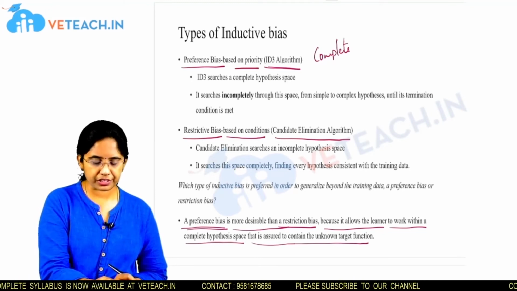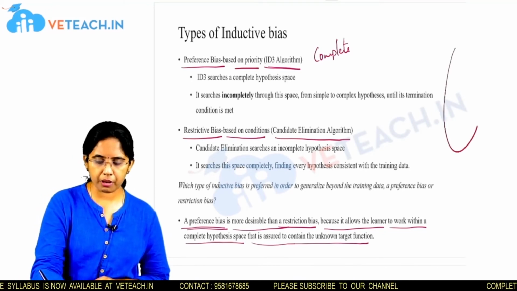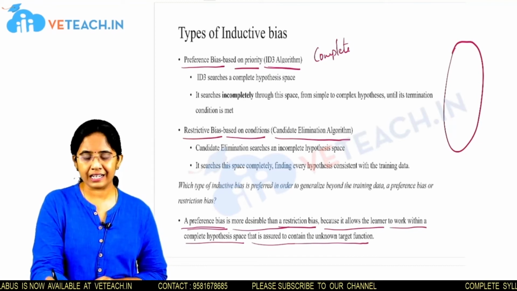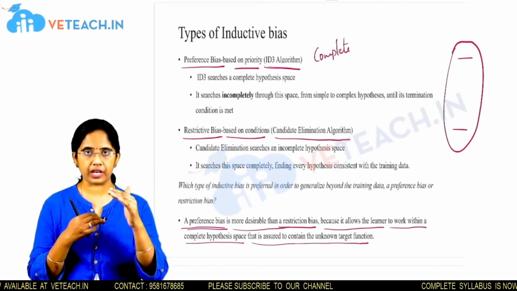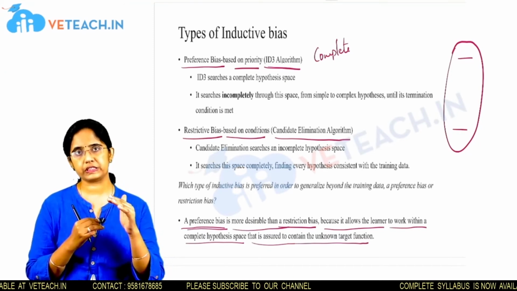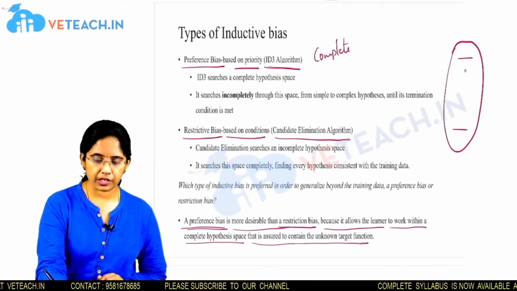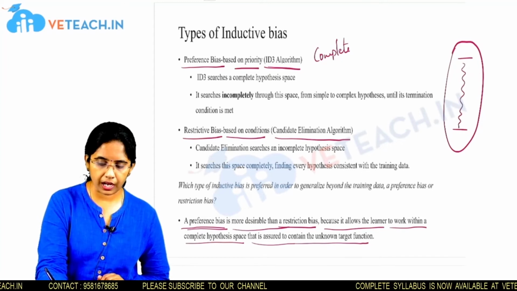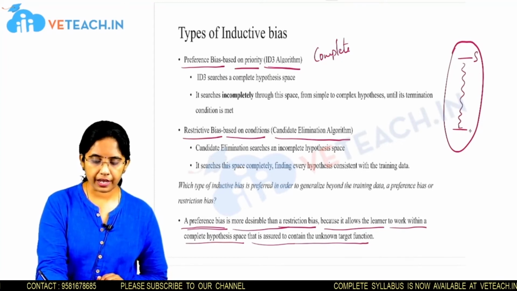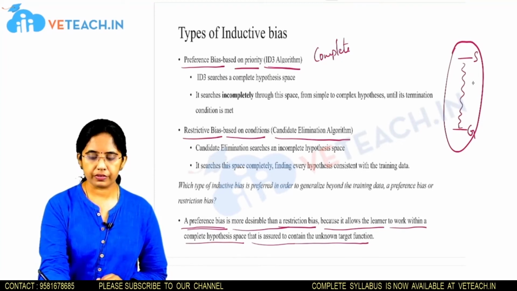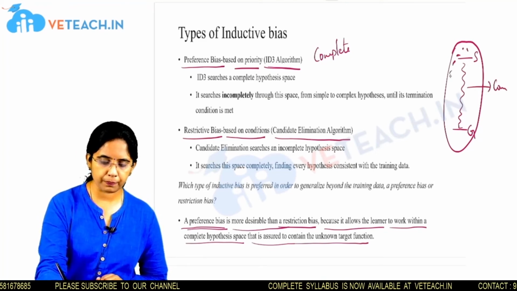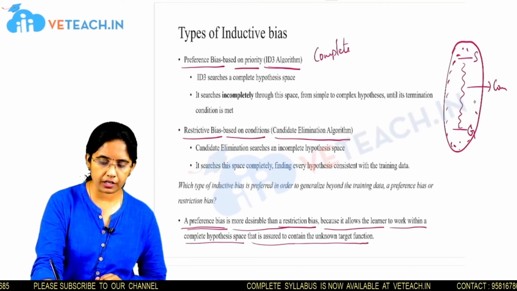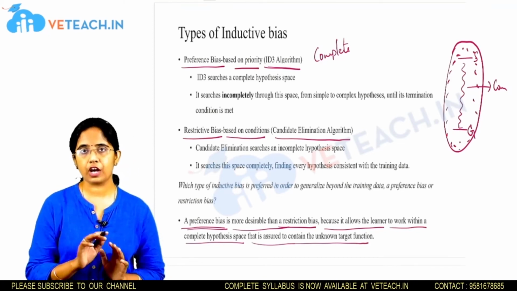But when you come to restrictive bias, if you remember, while using a candidate elimination algorithm, we are using the concept of version spaces. We are just specifying the most specific boundary and general boundary. So all the hypotheses which fall under this specific boundary and general boundary will be said to be consistent with the training data set, and all the points which are beyond these boundaries will not be consistent.